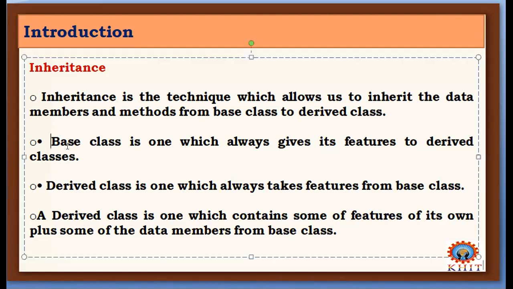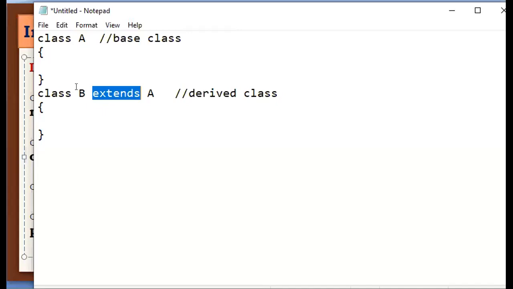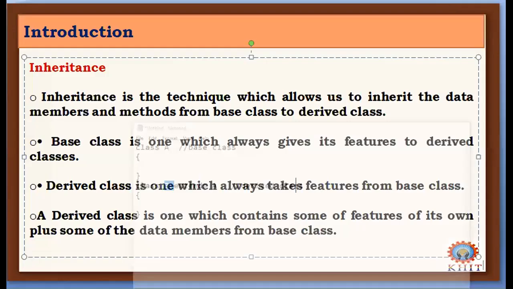The derived class is one which always takes the features from the base class. Okay, according to this example, the base class is class A and class B is the derived class.